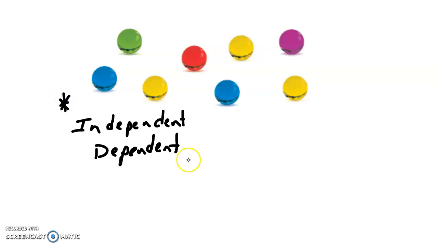Now, dependent is a little different. So let's say this time I'm going to draw the purple, which is still a 1 out of 8 chance. I'm not going to put the marble back in this time. Now I'm going to try and draw the red. So if I don't put it back, the probability of drawing the red is now 1 out of 7, because there's only 7 marbles.